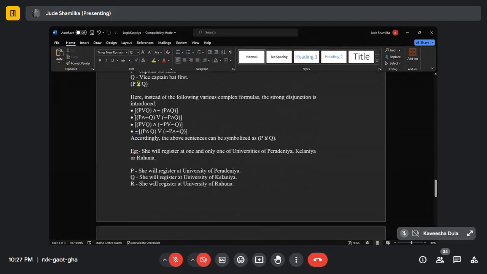But if we are to have equivalent formulas for that, we can take this. The first one, what is that? P or Q, and not P and Q. Here, what we say is this: P and Q happen at the same time. This conjunction refers to at the same time.